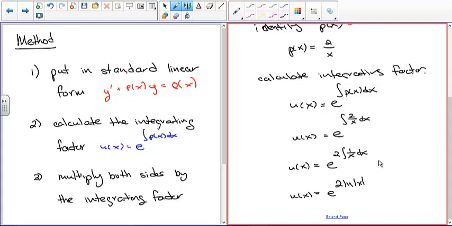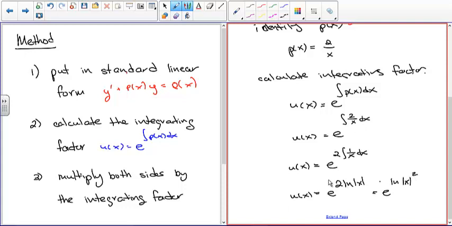Now, I can't use the inverse properties of logarithms and exponentials because this 2 is outside the logarithm. So what I'm going to do is use the properties of logarithms to move the 2 inside the logarithm. And so what that term becomes is e to the natural log of the absolute value of x quantity squared.